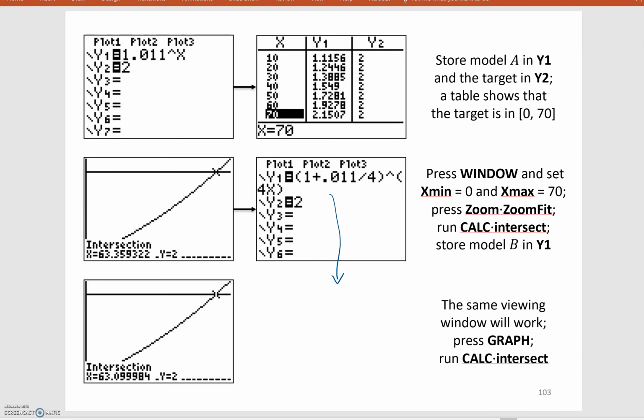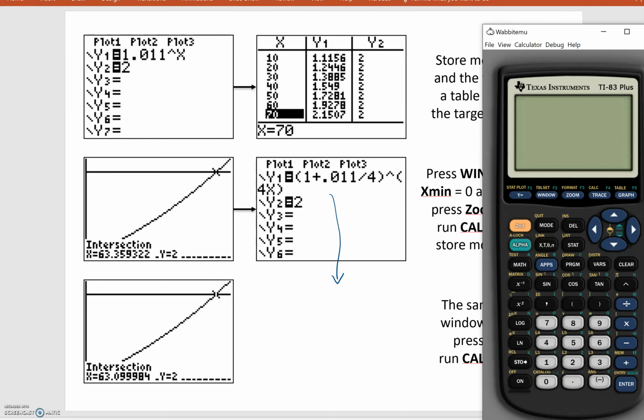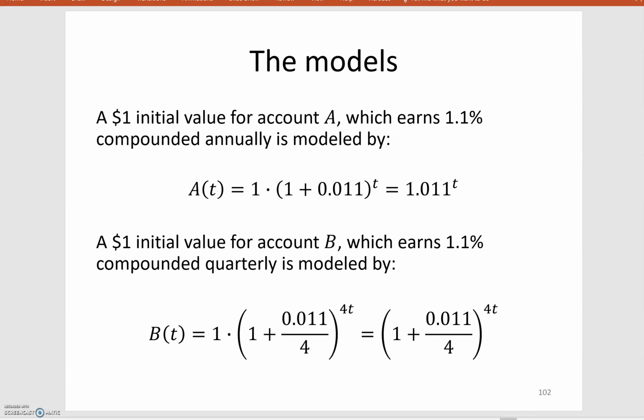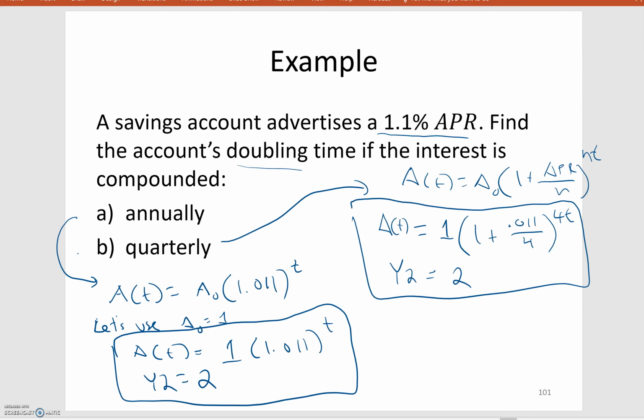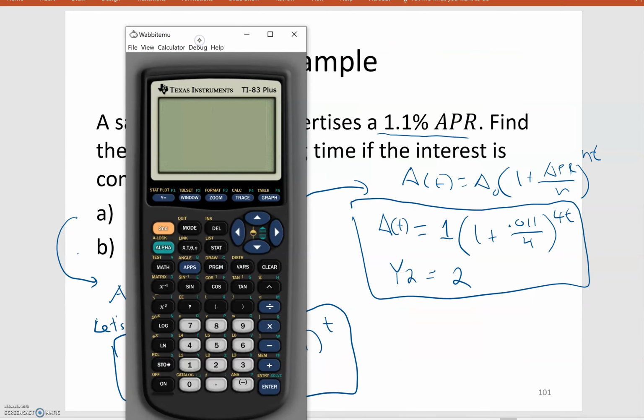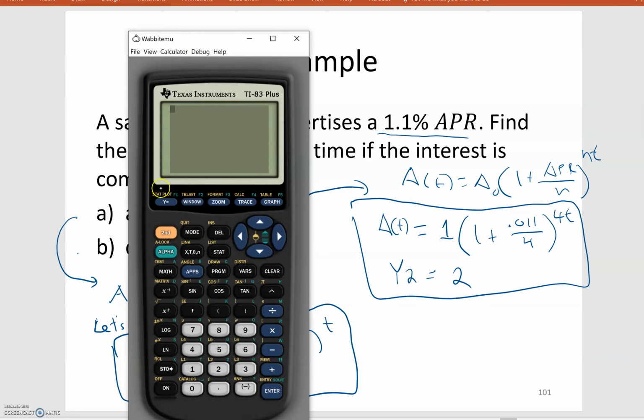Actually, let me just type it in the actual calculator. Let me go back to my original. So there's my model. And to enter it into the calculator, I would do this. So that's a 1, so I don't need to bother typing that, but I could.